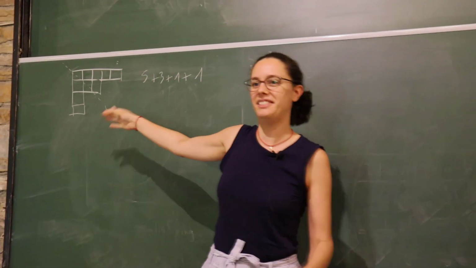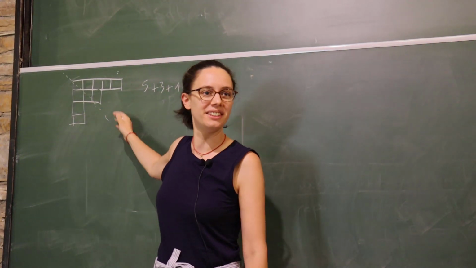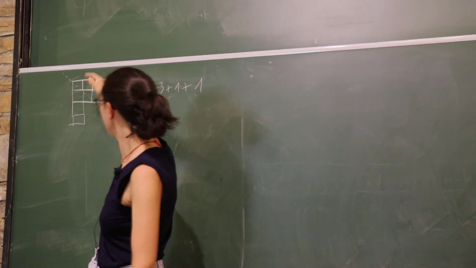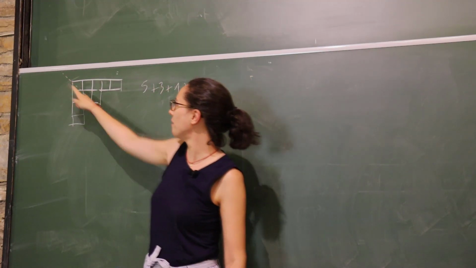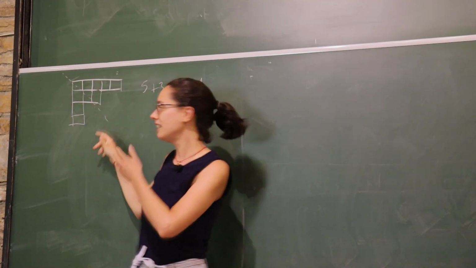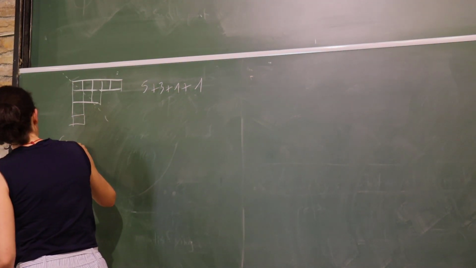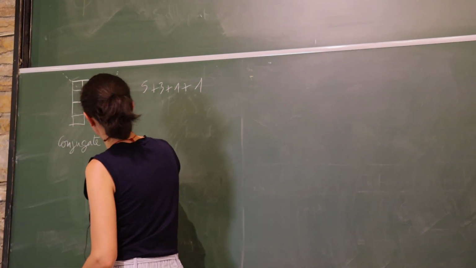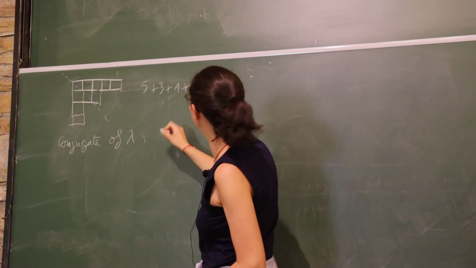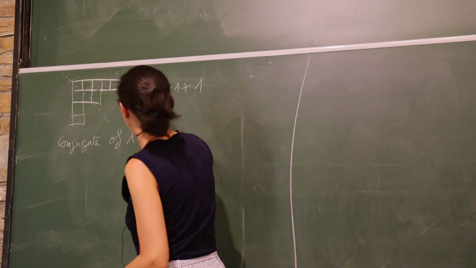There is a first very simple bijection that you can find using Ferrer diagrams. By doing the reflection along this main diagonal, you can do something called conjugate. So it's the partition that you obtain by doing this reflection.